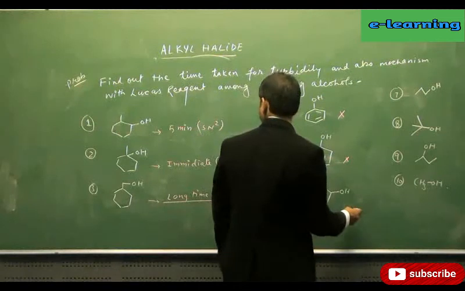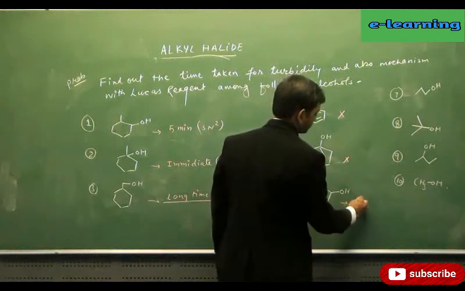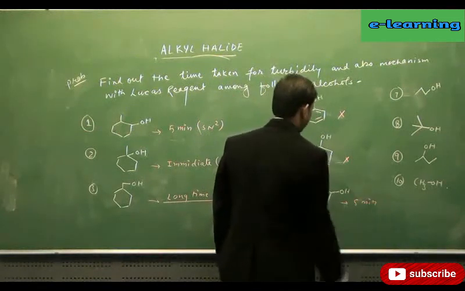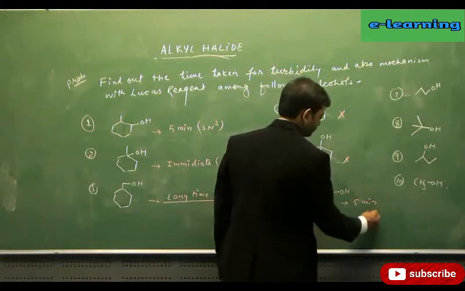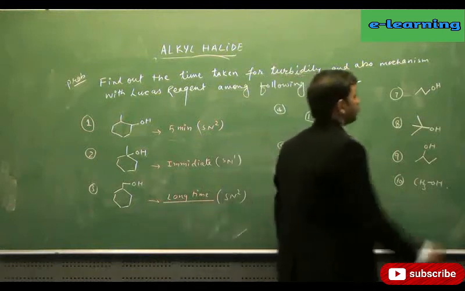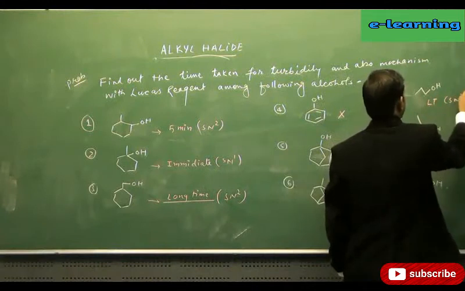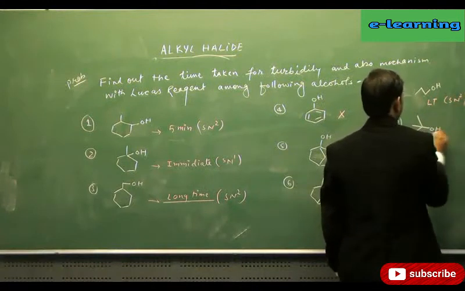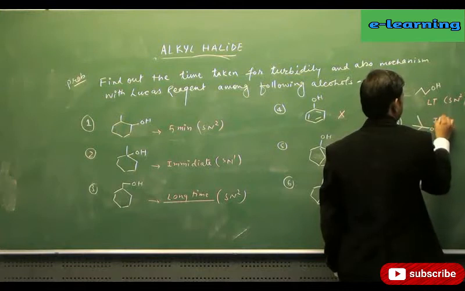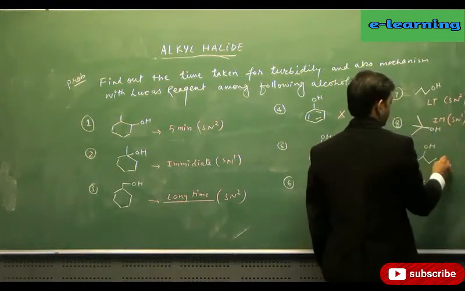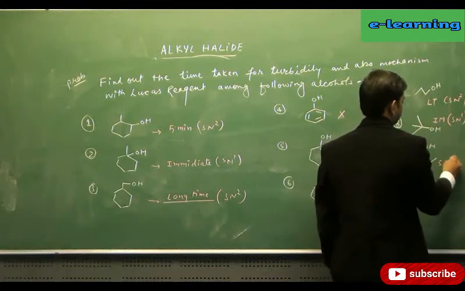This is 2 degree, it takes 5 minutes, and SN2. 1 degree, long time, SN2. 3 degree, immediate, SN1. 2 degree, 5 minutes.